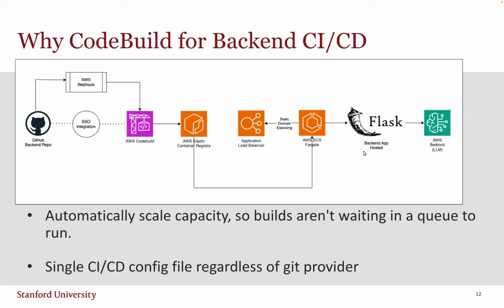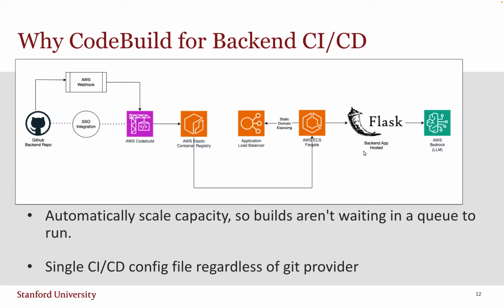Sometimes when you run your own CI/CD runner, then depending on the size of the compute or the size of the memory, your build job has to wait in queue. But with AWS CodeBuild, which is serverless, your build job doesn't need to wait in a queue anymore. It's just going to run in parallel, concurrently, with all the scale you need.